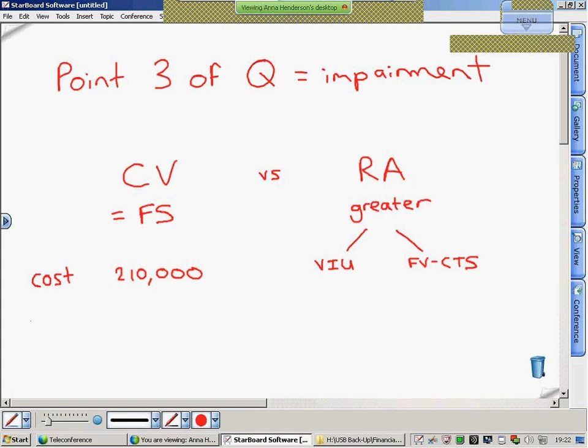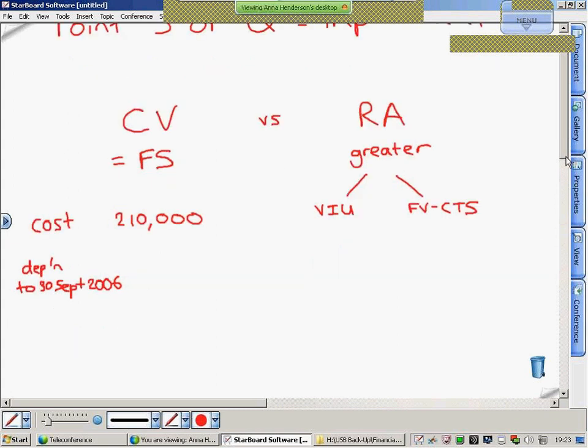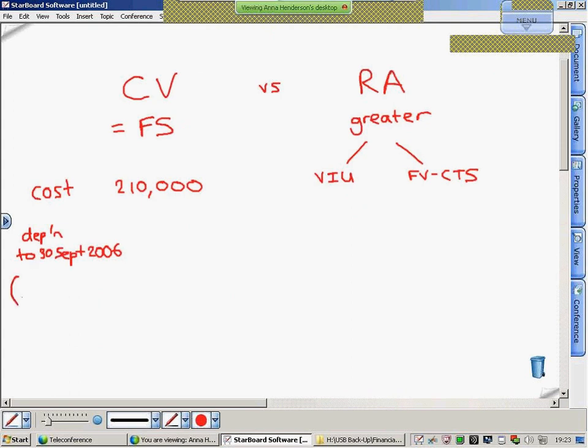If we work out depreciation, at that point we would have been charging 1,000. We'd have 2 years.